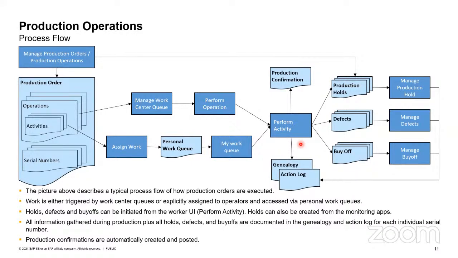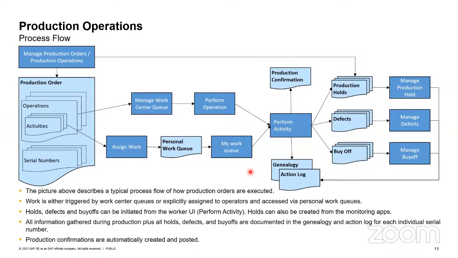Okay, so he can directly input the work center name to get the list of activities to be performed in that work center, or input the production order number to see the operation activities to be performed for that production order. Likewise, we have different filter criteria to get the operation activities to be performed, and from there he can move into the perform operation activity screen.